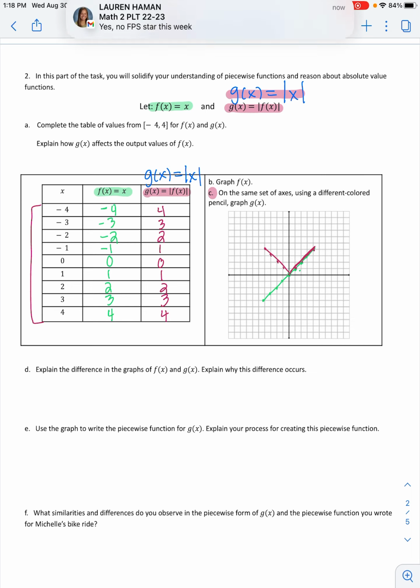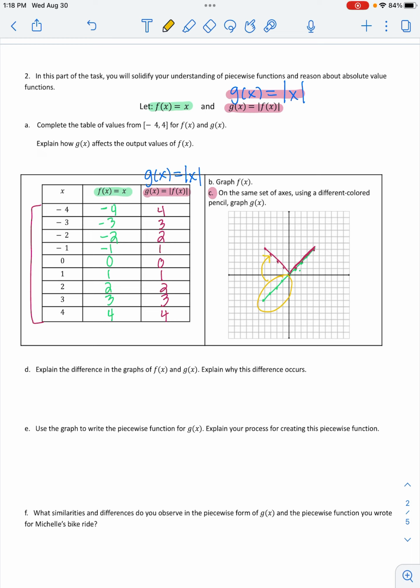Okay, so hopefully you came back, you filled this in, and you can see that my green is the f of x equals x, and my red is the absolute value of x. So what happens is that we have just a straight linear function when it's f of x equals x, but when we turn that into the absolute value, this piece right here is actually becoming this piece up at the top.